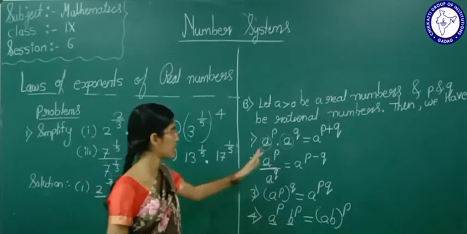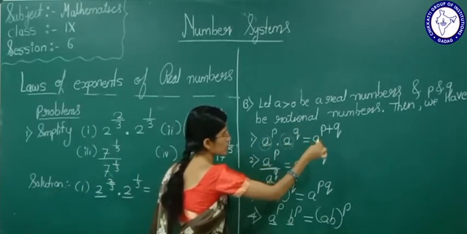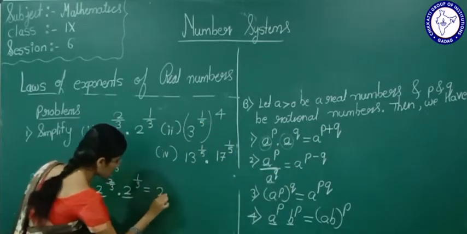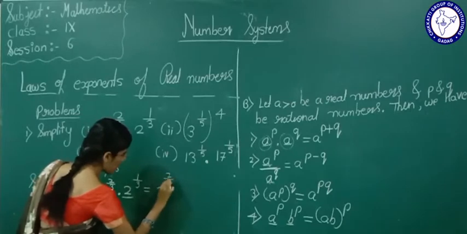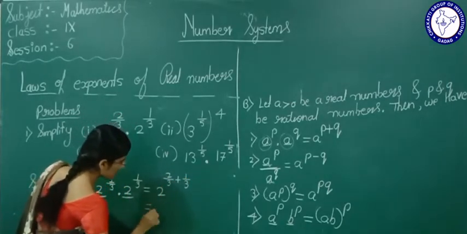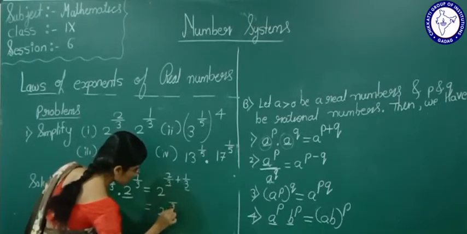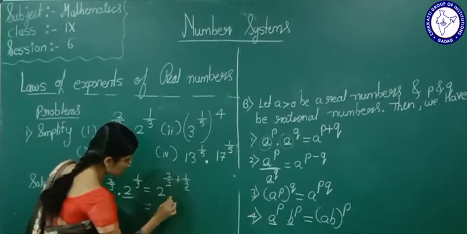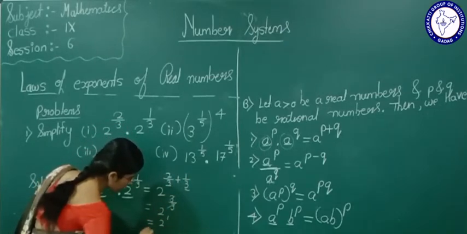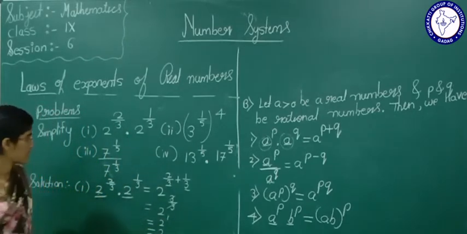The first law, that is a raised to p multiplied by a raised to q is nothing but a raised to p plus q, that is 2 raised to 2/3 plus 1/3. It will become 2 raised to, here the denominators are the same, 2 plus 1 is 3, the 3 will get cancelled, 2 raised to 1 is 2. This is the first answer.